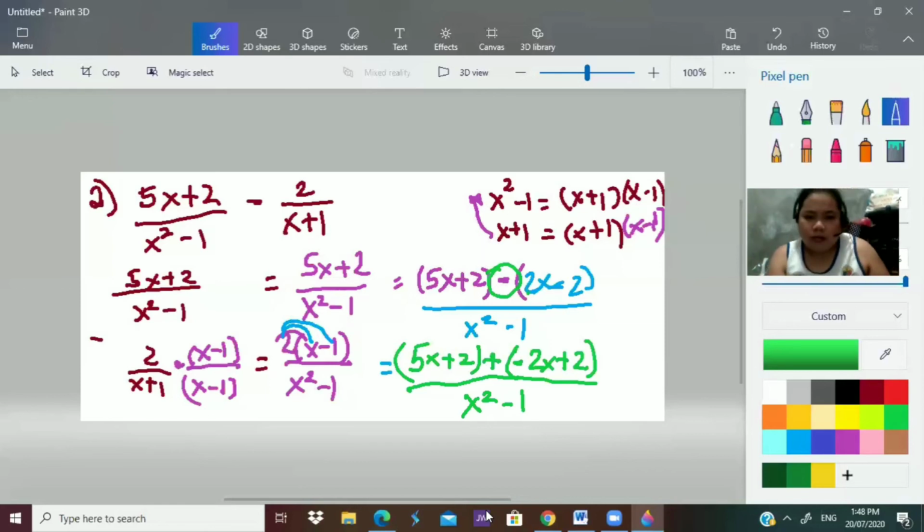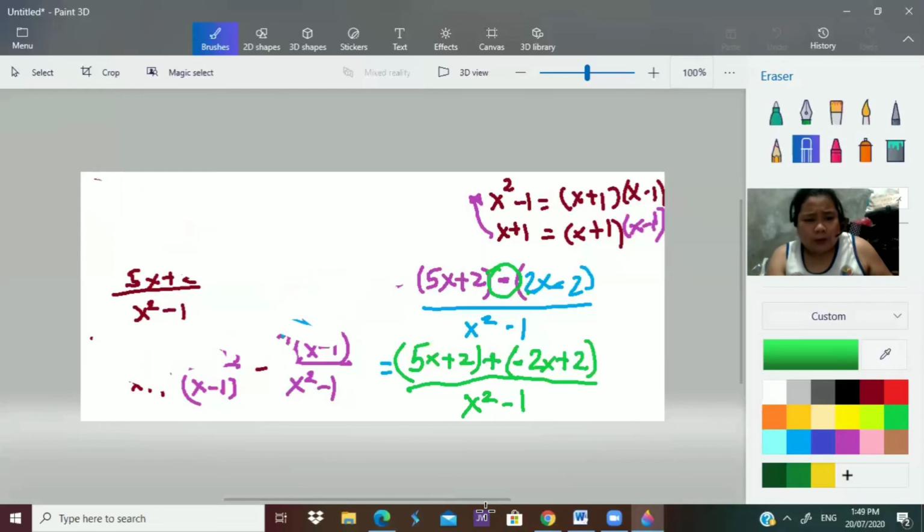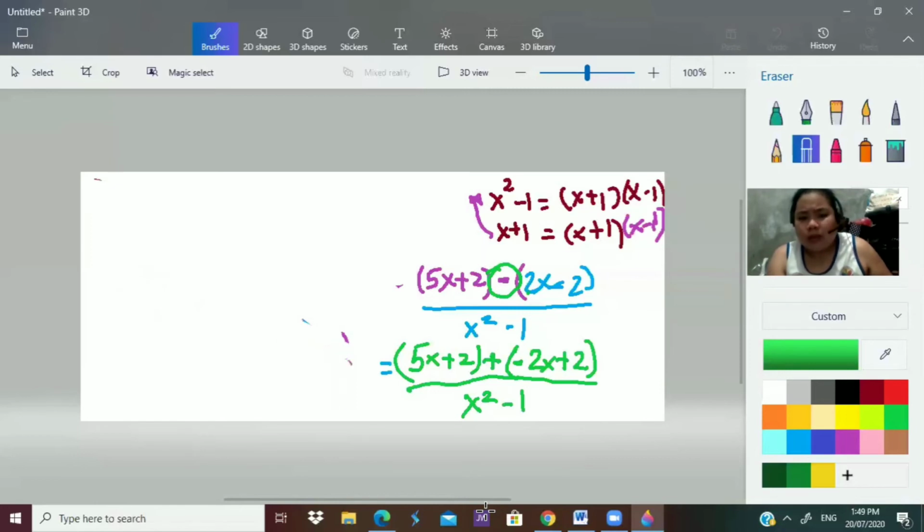So ito na ngayon yung susundin natin. So burahin ko lang to. Yan. So habang binubura ko, i-recall ninyo yung mga rules sa subtraction. Don't forget that rule kasi po mamamali kayo ng answer. Pag meron kayong rule kasi na nakalimutan in the middle of solution, lalo na kung napaka-importante niya, you cannot come up with the right answer or with the correct answer.